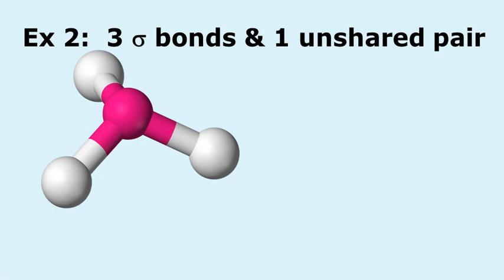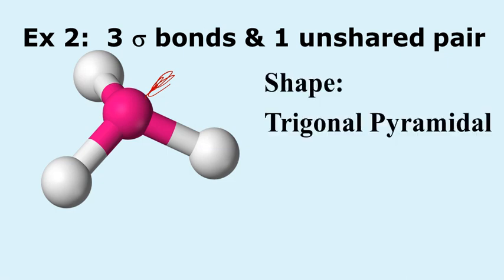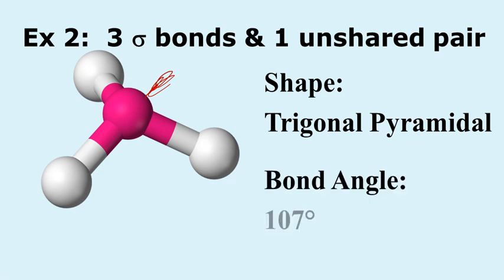And so you can imagine that those electrons are somewhere up here, but you don't see them. Okay, so what we have is that structure right there. And the shape there is called trigonal pyramidal, or sometimes just called pyramidal for short. And the angle is actually 107 degrees.